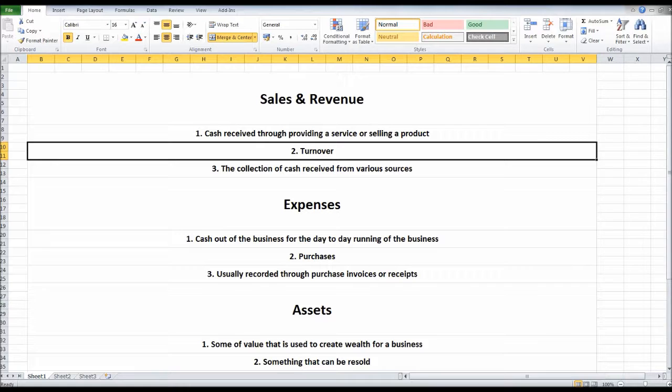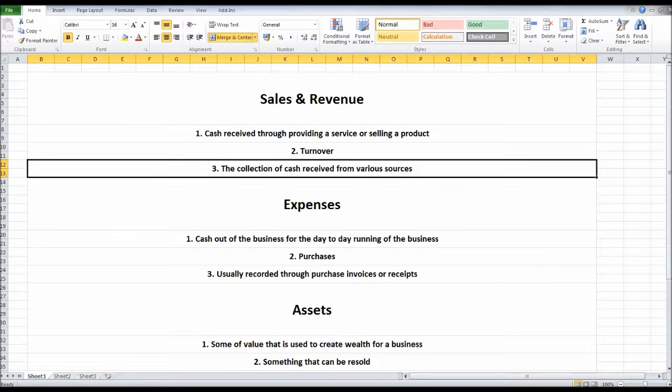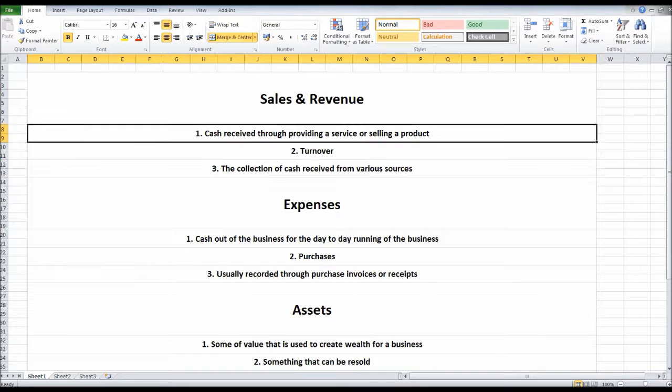And then the collection of cash received from various sources usually refers to the revenue. So there's a difference between sales and revenue. Your sales is the cash received through providing a service or selling a product, and then your revenue is the collection of cash received to the business.